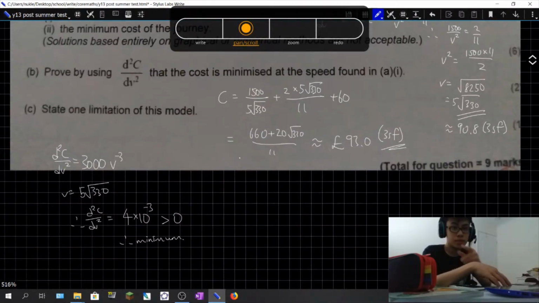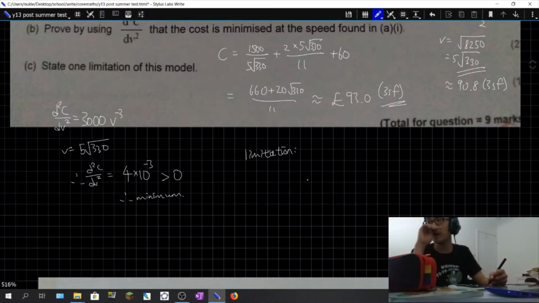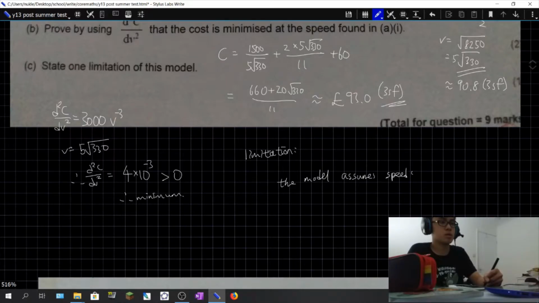That's the limitation. So the limitation is the model assumes speed is constant throughout the journey.